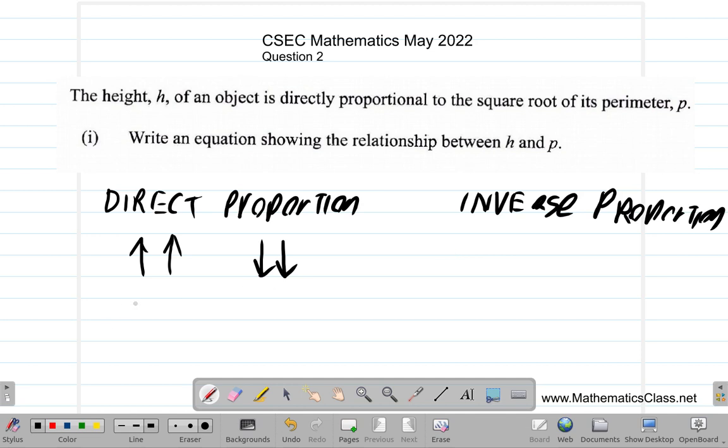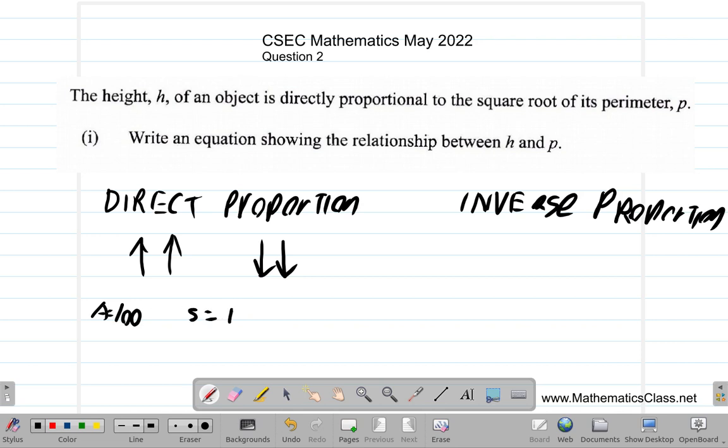So, for example, let's use an everyday example. In business, you're advertising and you spend $100 on advertising. Advertising is $100.